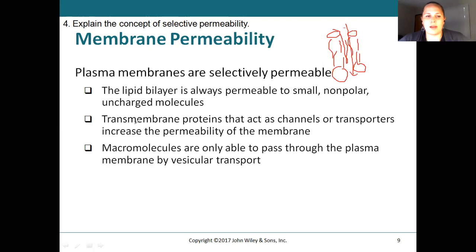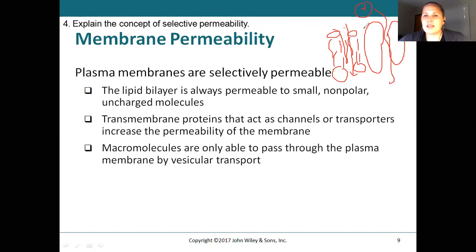it's able to pass through that phospholipid bilayer. We talked about the presence of transmembrane proteins. The presence of those transmembrane proteins can allow much larger molecules, or charged molecules, to make their way through the plasma membrane.